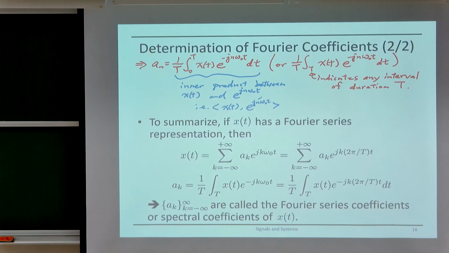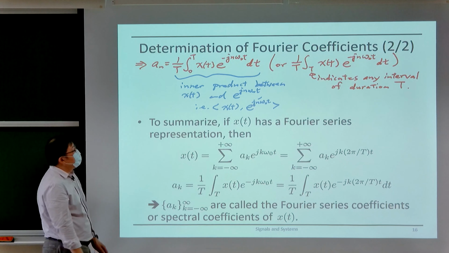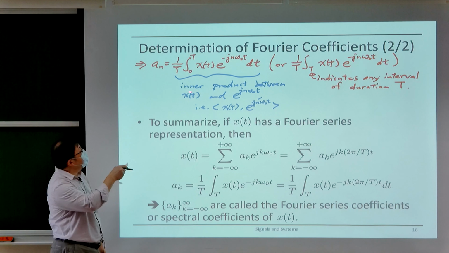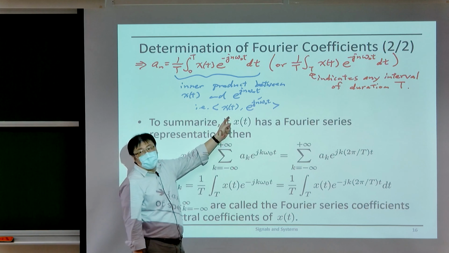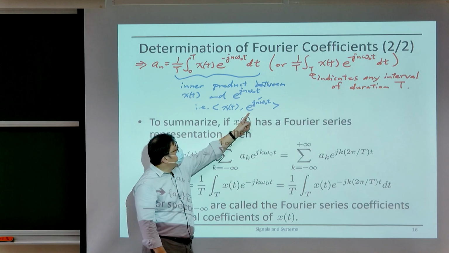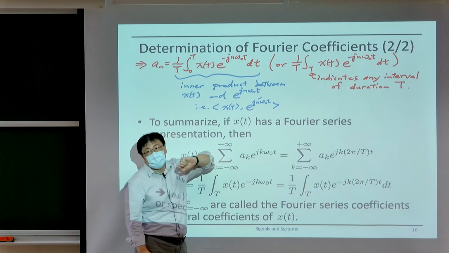So you can view this integral as taking the inner product between x of t and this function e to the j n omega naught t.